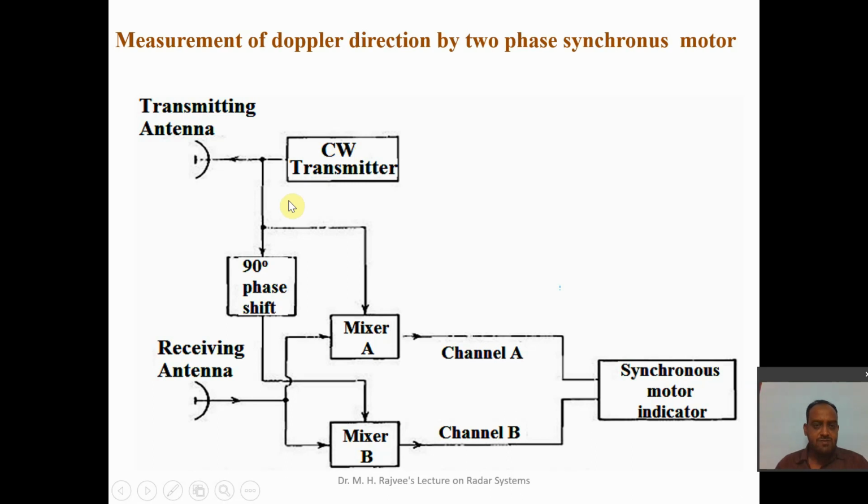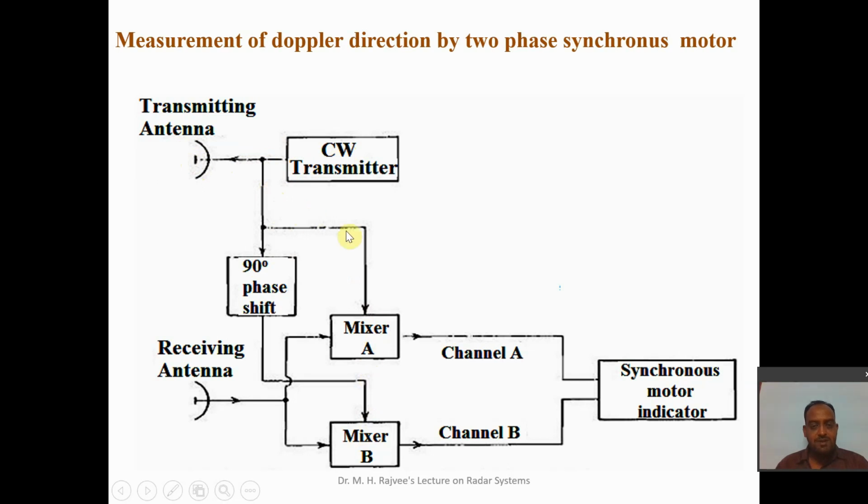See here, the CW transmitter, continuous wave transmitter, transmits a continuous sine wave into the atmosphere using this antenna. Now the output of this antenna is f0. A part of this f0 signal, called the leakage signal, will be supplied to two mixers, mixer A and mixer B.